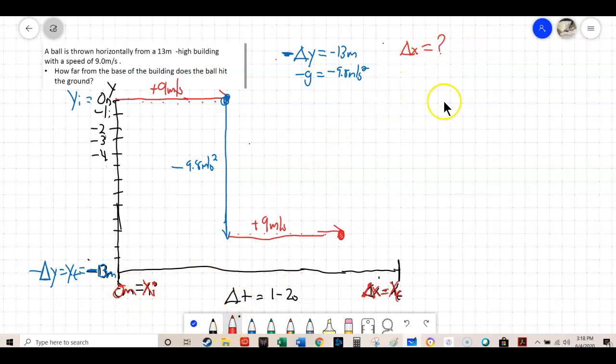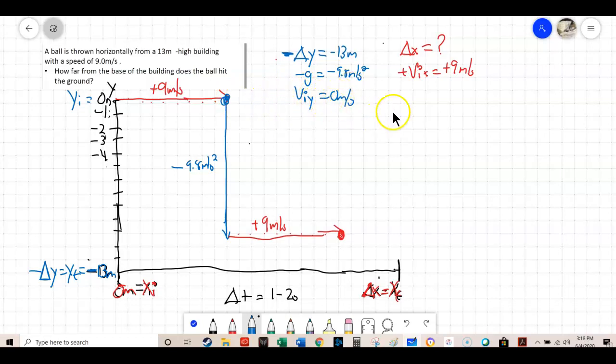Okay, but what we are given is that the initial velocity in the x direction is positive. It's to the right at positive 9 meters per second. And we're also given that it starts from rest. If it's only shot straight out, then its initial velocity in the y direction is going to be 0 meters per second.